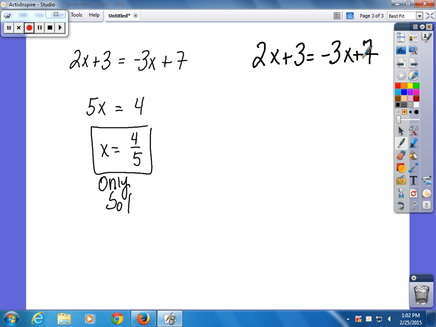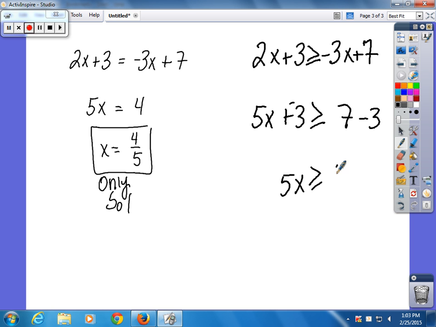The only difference is now 2x plus 3 is equal to negative 3x plus 7. I'm going to take the equals out, and I'm going to put an inequality there. Solve it the same way. The negative 3 comes over, that gives you 5x. Brings 3 across the river, that's the minus 3. 5x is greater than or equal to 4.